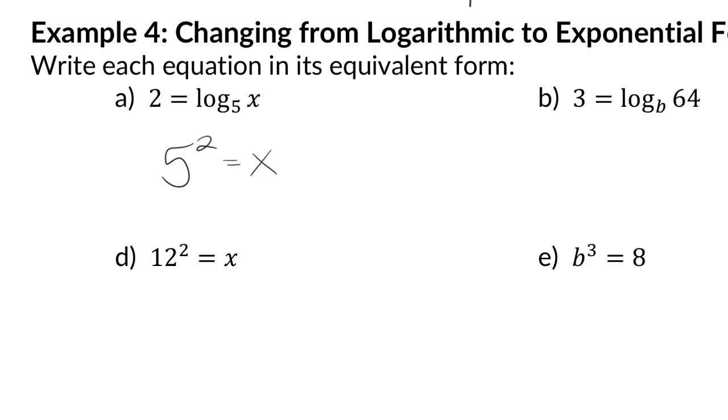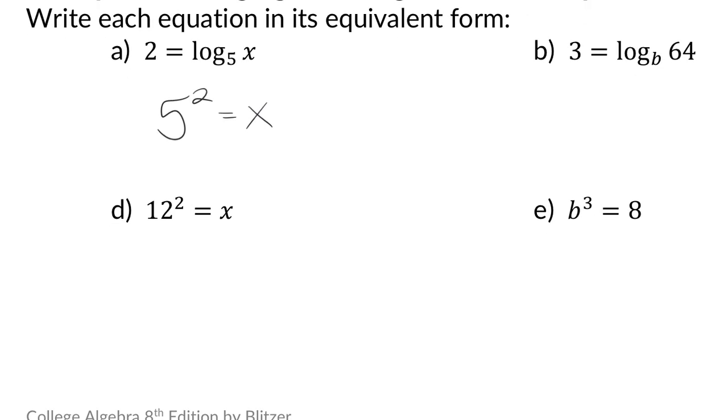For D, and I'm switching down to D, that one is an exponential, and I want to write it as a logarithm. What's the base of that exponential? 12, so I'm going to go log base 12. Then I need to figure out what the output and input should be. What was the output when it started here?